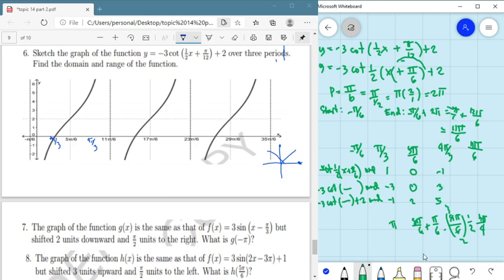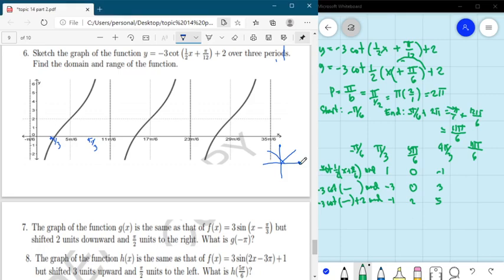Then, for 11 pi over 6, we have 11 pi over 6 plus pi over 6 equals 12 pi over 6 or 2 pi. So, your cotangent is at 2 pi, right? 2 pi times 1 half is pi.